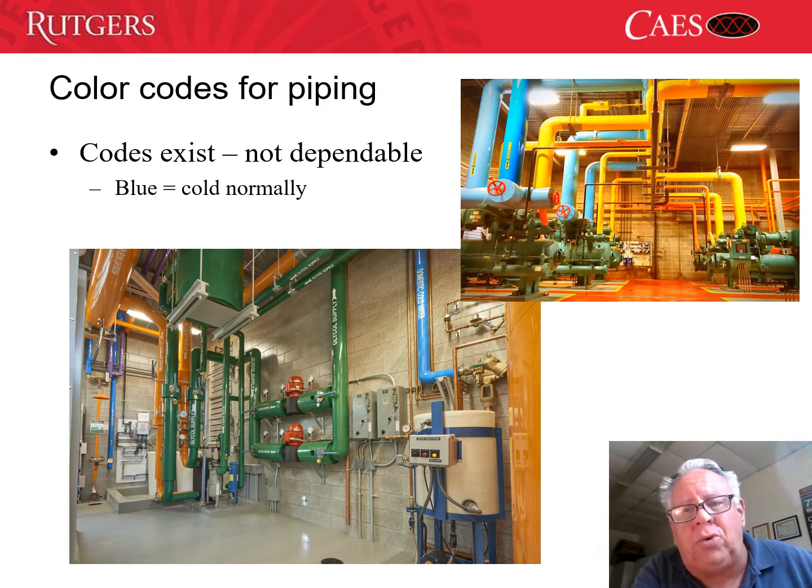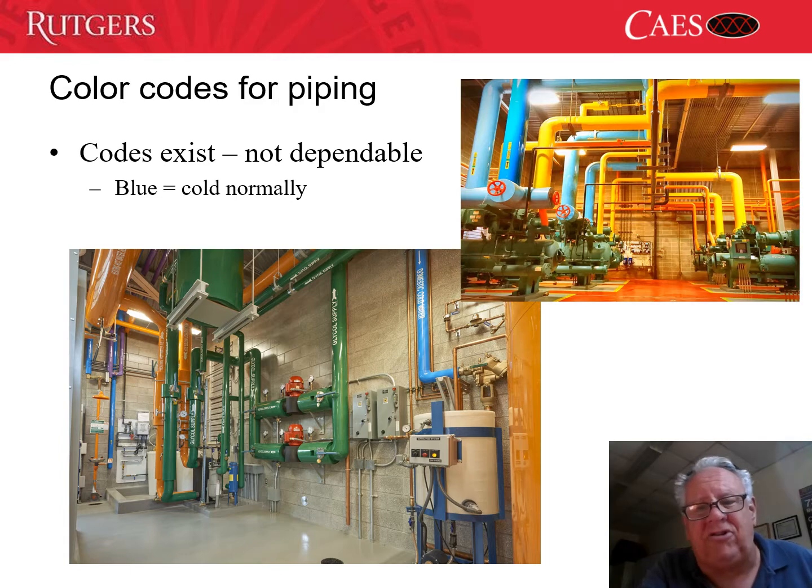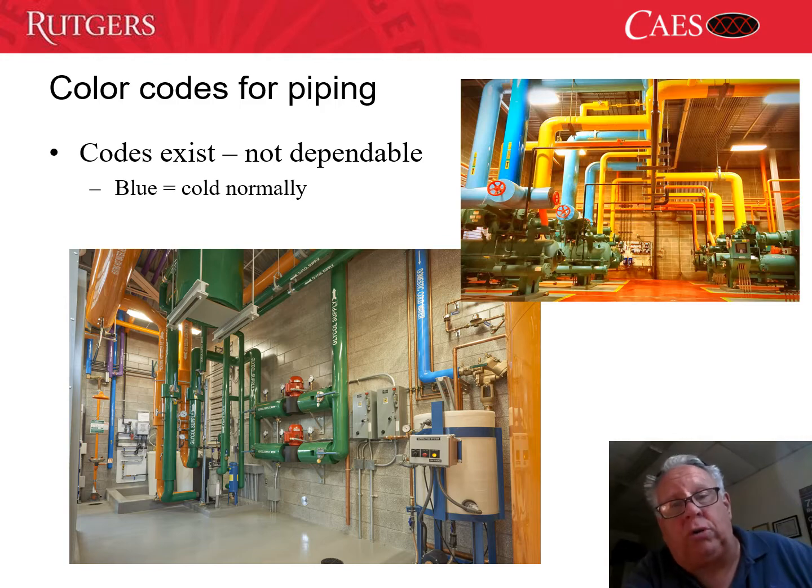Here's a quick note about the color coding of pipes and the labeling of pipes in these chiller rooms. As I mentioned, these things look like a spaghetti when you get in there. There's pipes going out to the cooling tower and then the chilled water system, and then you have other systems that are usually in your mechanical rooms. So you'd love it if there was an established code which would tell you from the colors whether it was cold or hot at least.